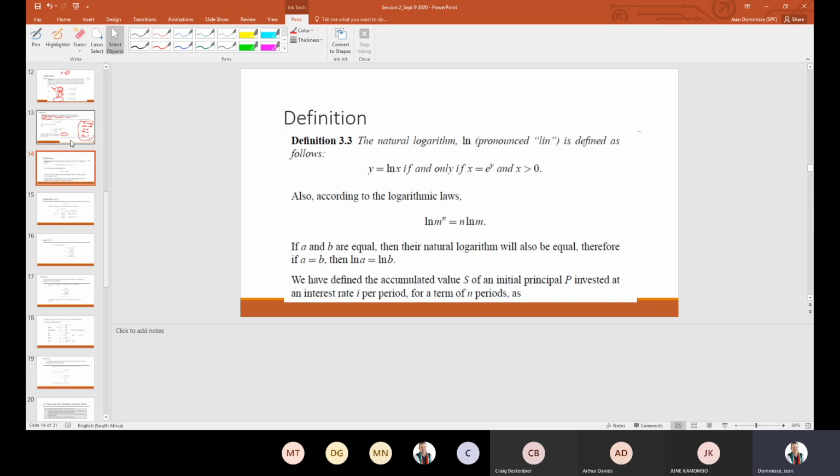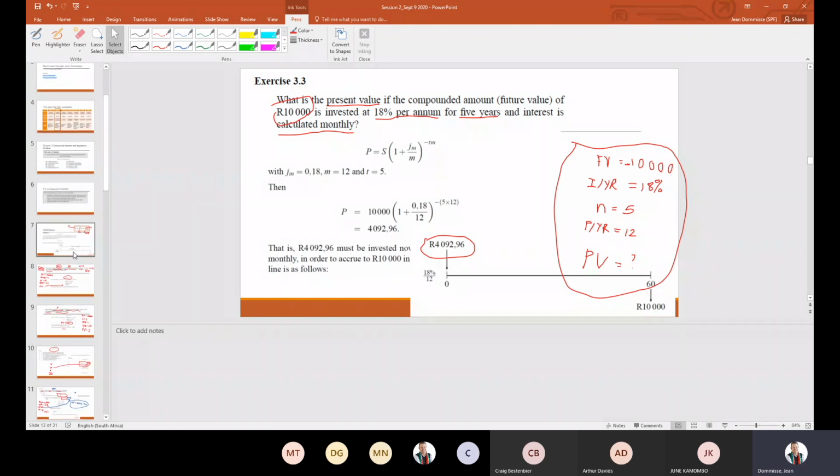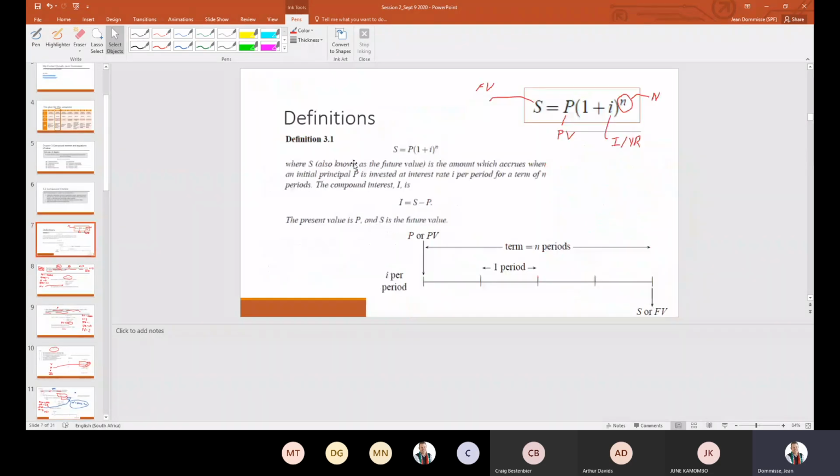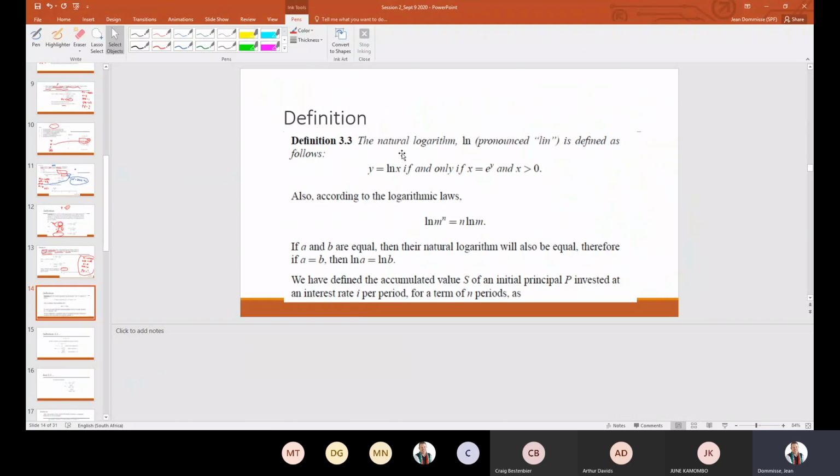So basically, let's go back to this formula. We are now getting to all of these laws and things like that.